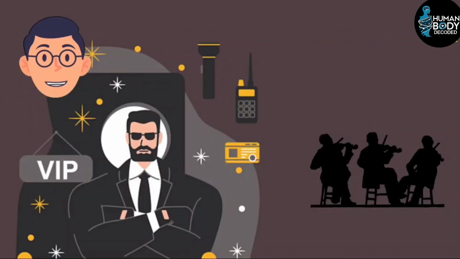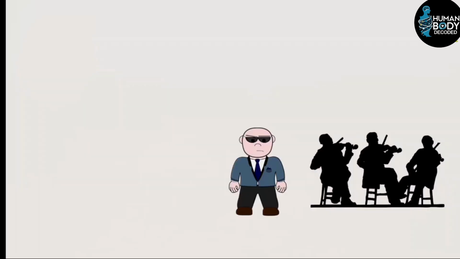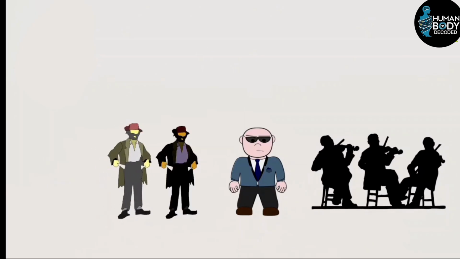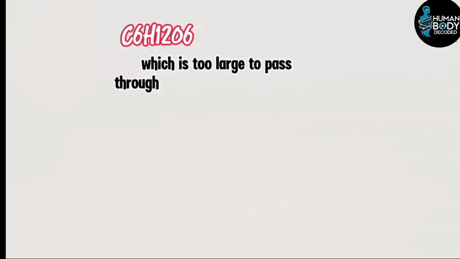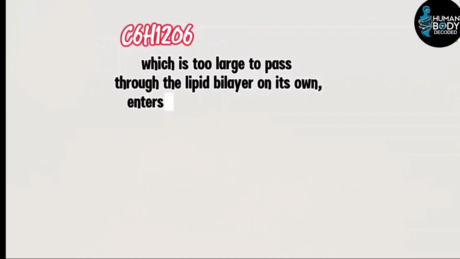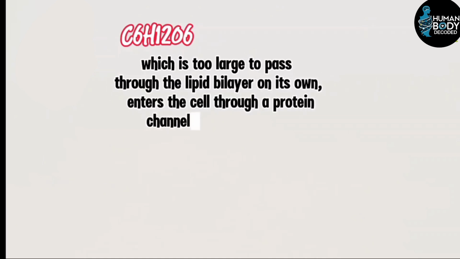Think of facilitated diffusion like a VIP entrance to a concert. The cell membrane is the gate and the proteins are the bouncers, allowing only certain substances into the concert. For example, glucose, which is too large to pass through the lipid bilayer on its own, enters the cell through a protein channel in the membrane.